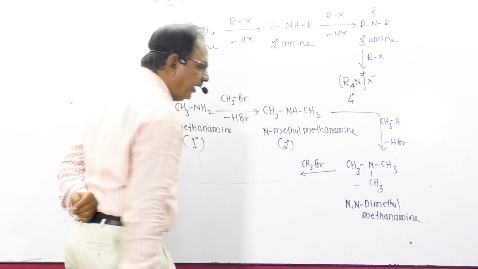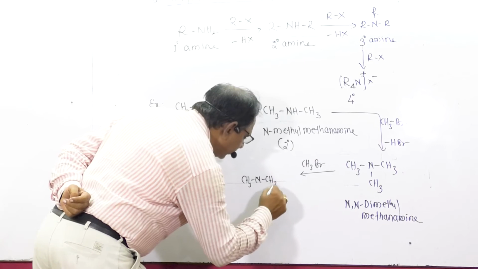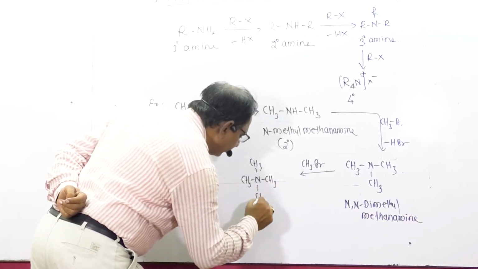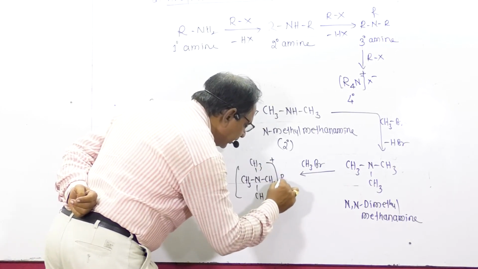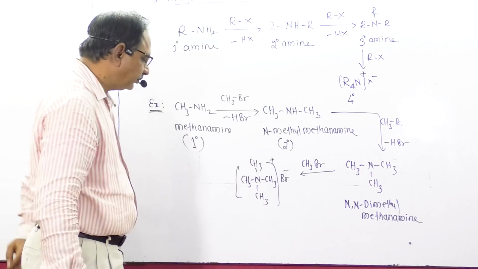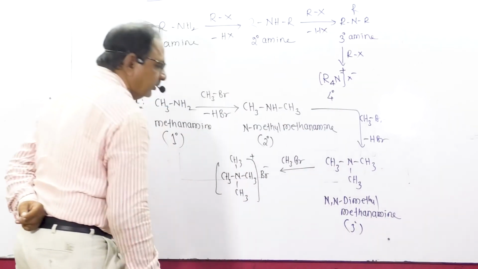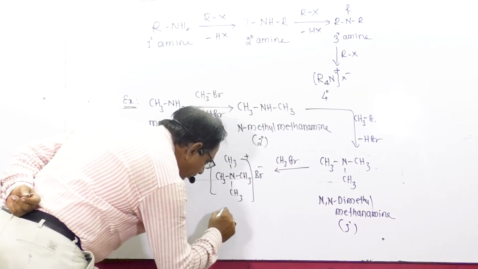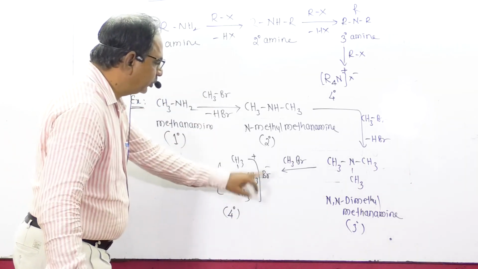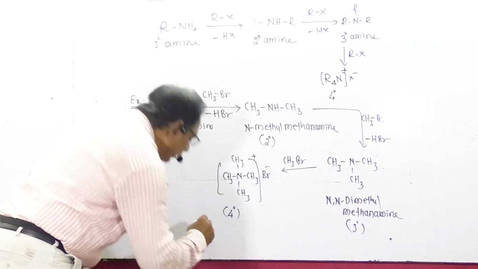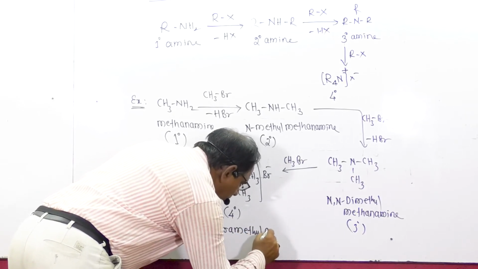Hence all four alkyl groups are attached to the nitrogen atom as the central element, with a positive charge, and Br minus as the counter ion. The earlier compound is an example of a tertiary amine, and this is an example of a quaternary ammonium salt. The name of this one is tetramethyl ammonium bromide.